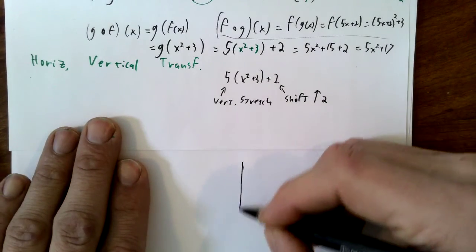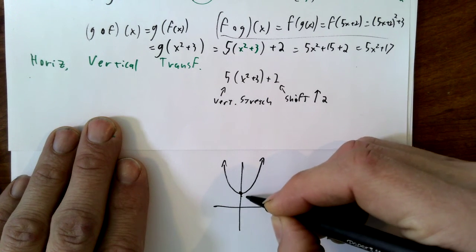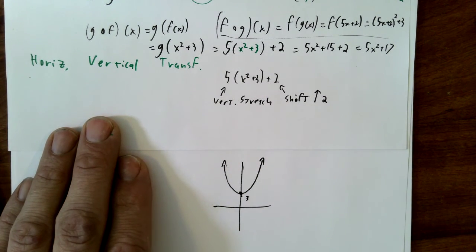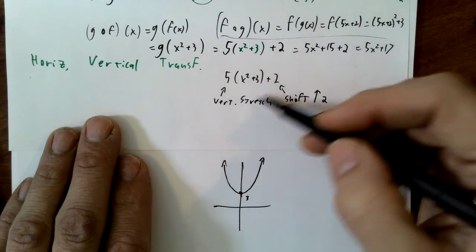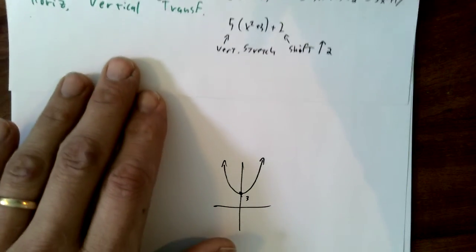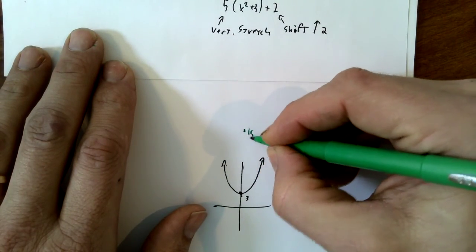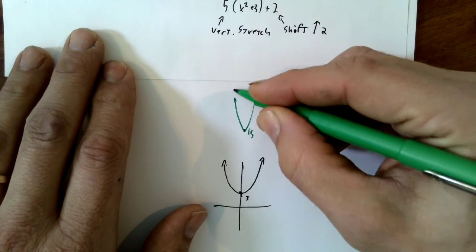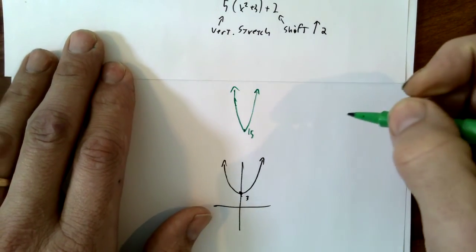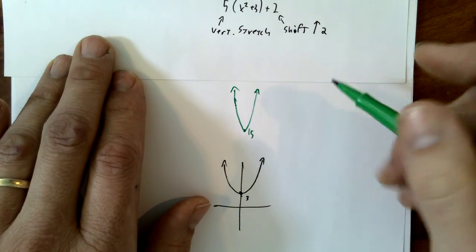So the regular graph of x squared plus 3 is this parabola that starts with a vertex at 3 here on the y-axis. This transformation of it, stretching it by 5, means it's going to be much further away. It's going to start at 15 and go up much steeper, because it's stretched up 5 times as far. All the y values are multiplied by 5.